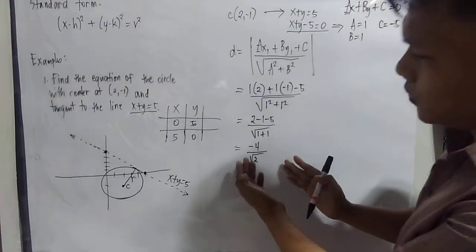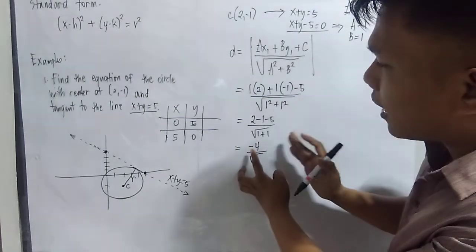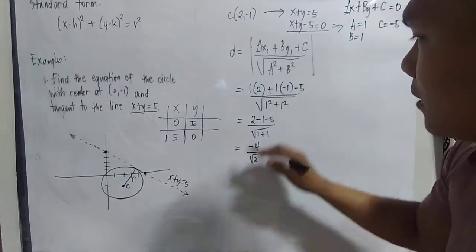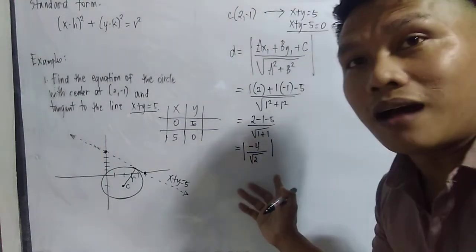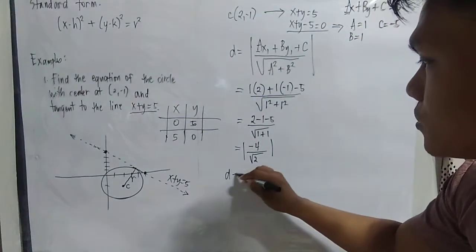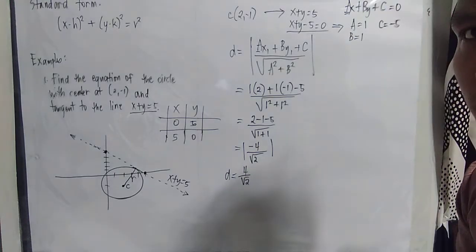So as you can see, we have here a negative value. If we have a negative value, we have to neglect the negative, so we put the absolute value. So the distance will be 4 over the square root of 2.